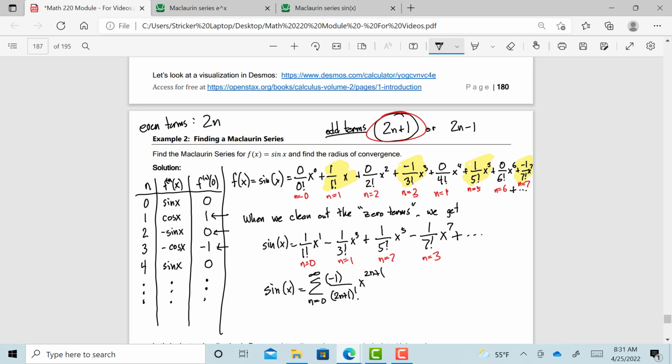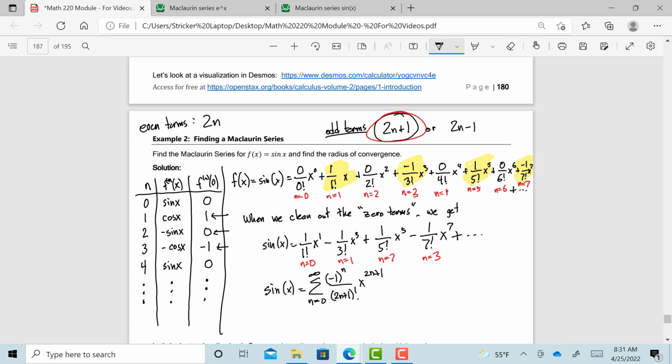Negative 1 to the n, would that work? If n is 0, negative 1 to the 0 is positive 1. And then when n equals 1, we get negative 1 to the first power. That's going to be negative. Yeah, that'll work. So that's going to be our power series representation. We have negative 1 to the n over 2n plus 1 factorial times x to the 2n plus 1.